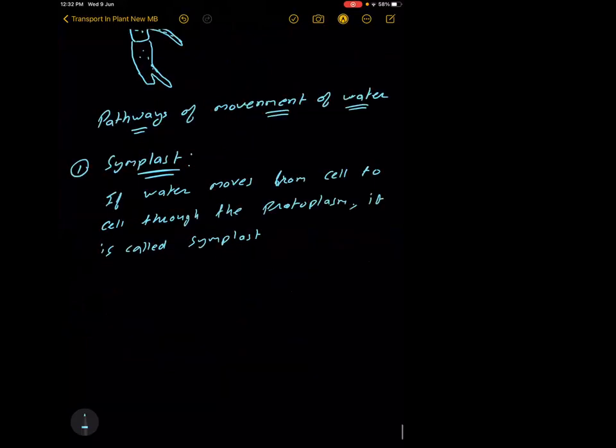So this is the symplast process. It is also called the transmembrane process because it moves through the membrane also.